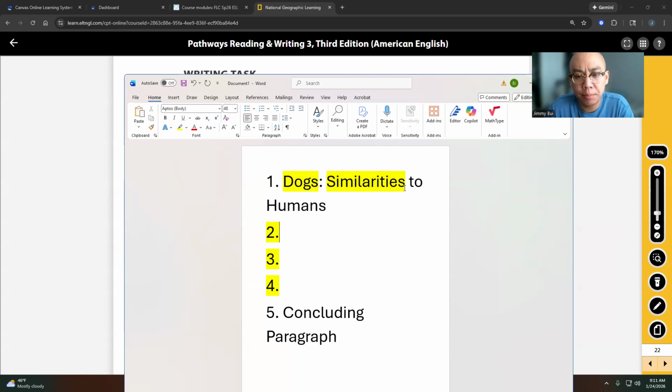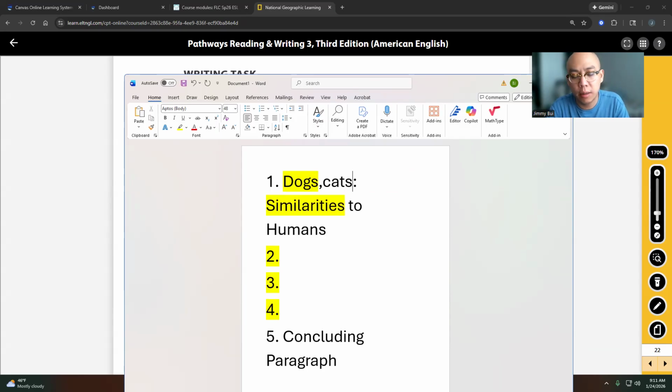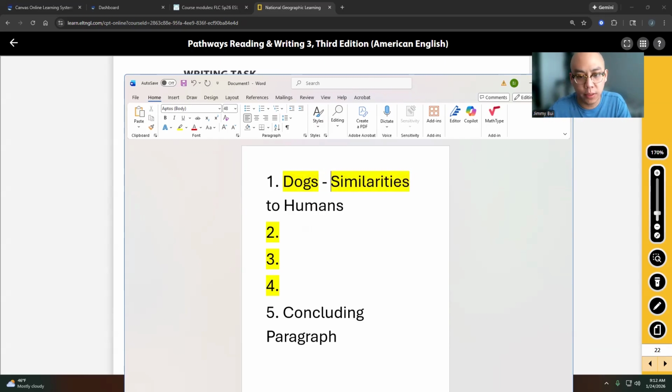So you don't want to talk about cats unless you're outlining or to emphasize your main point. You're not going to talk about cats, dragons, and other animals and what they do or their similarities to humans, because our focus for this essay specifically is dogs and similarities, or things that are the same, to humans.